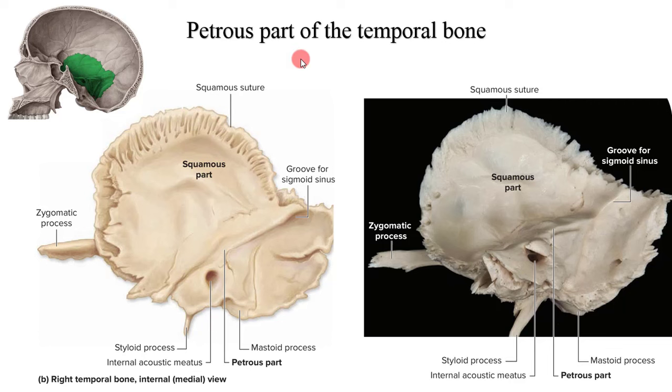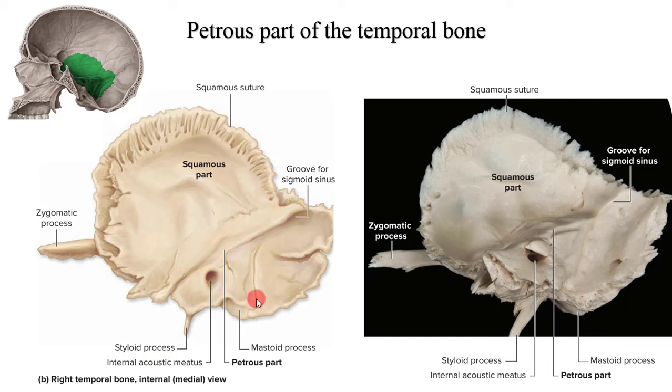Now, let's take a look at the internal part of the temporal bone. Here you can see the thick petrous part of the temporal bone that houses sensory structures of the inner ear and provides information about hearing and balance. In here, you can see the internal acoustic meatus.